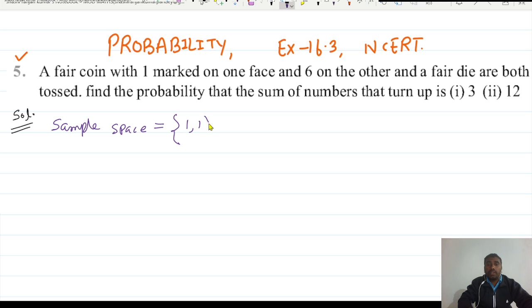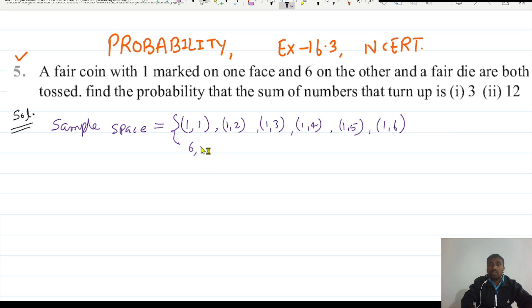So (1,1), (1,2), (1,3), (1,4), (1,5), (1,6). Similarly, the coin may show 6, so (6,1), (6,2), (6,3), (6,4), (6,5), (6,6).